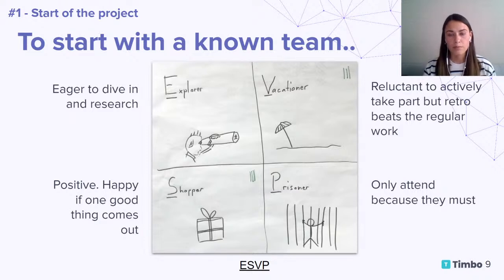And I hope you will not have prisoners, but yeah, it's possible that some of them might be not that happy to attend retros. It's very important to understand that from the start and start working with that person. And this way, you know your problems from the start and you know what to do.